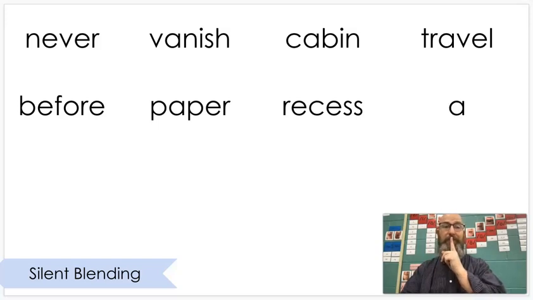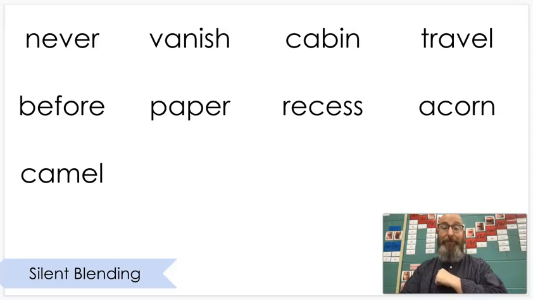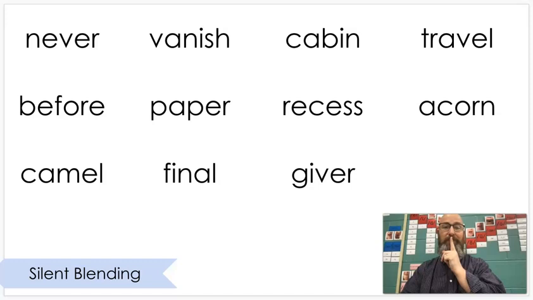Recess. Acorn. Camel. Final. Giver. Flavor. How'd you do? Did you do okay on those?